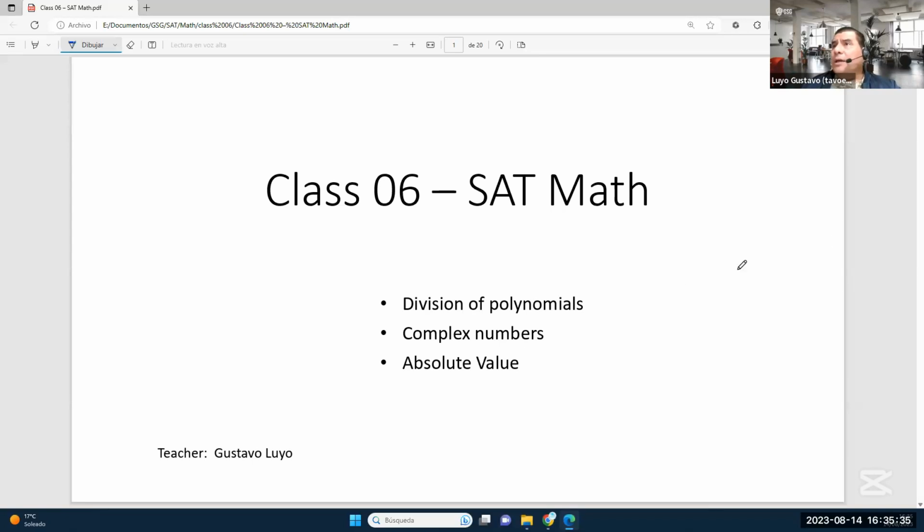First of all, these days you can actually have access to the information about evaluations in the GSG class platform.